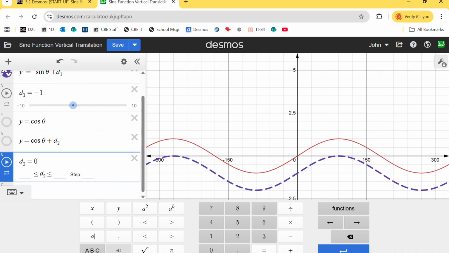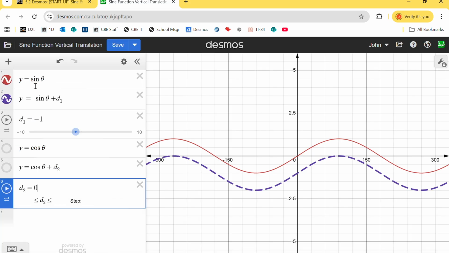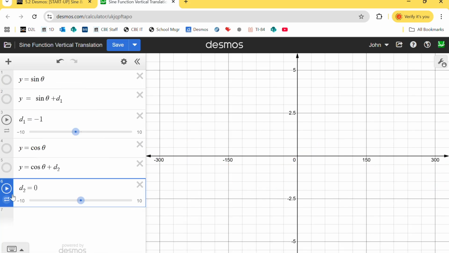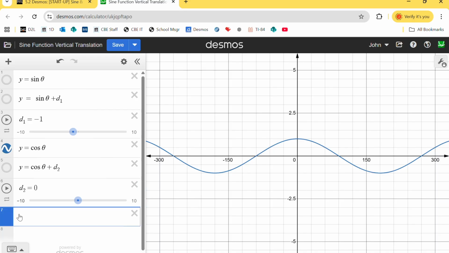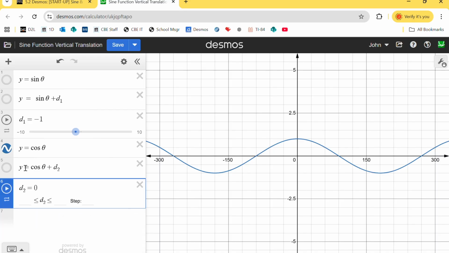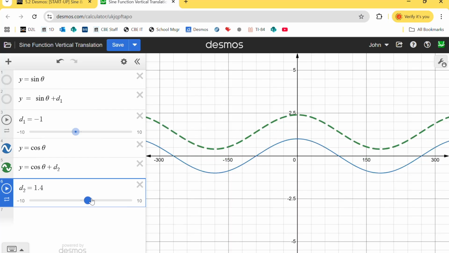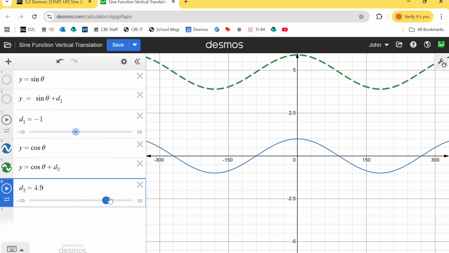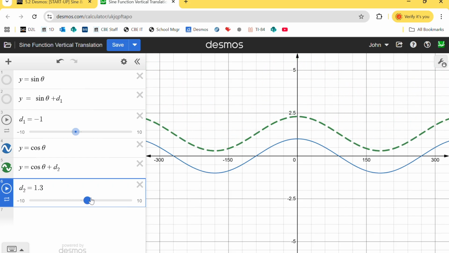Folks, same idea with the cosine function and vertical displacement. So here's our standard cosine function. And then I'm going to overlay y equals cosine of theta plus d, the displacement value for cosine of theta. When I have a positive value, it goes up, and the sinusoidal axis travels up with it.